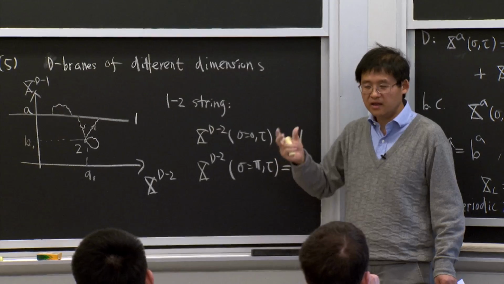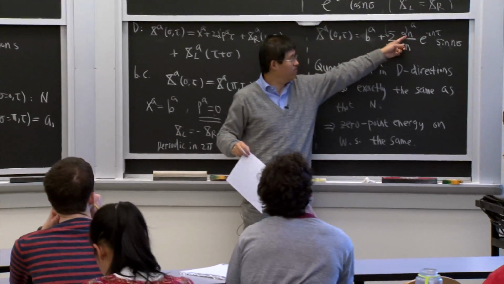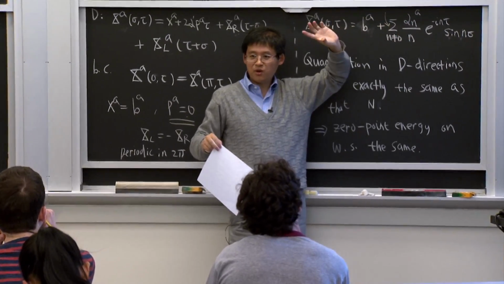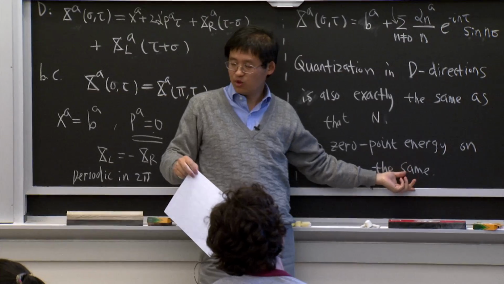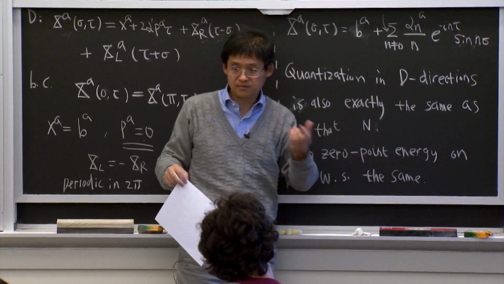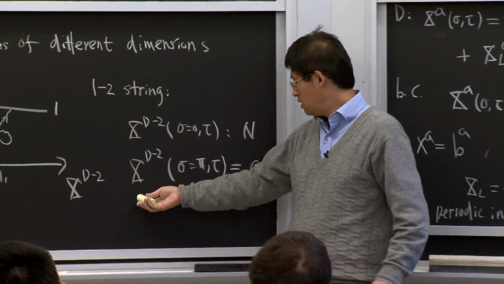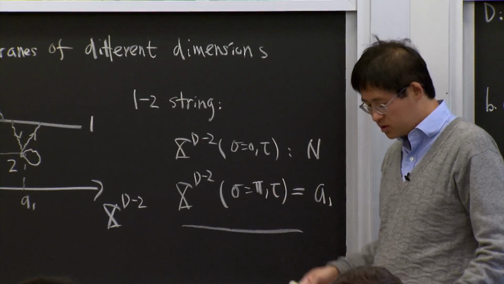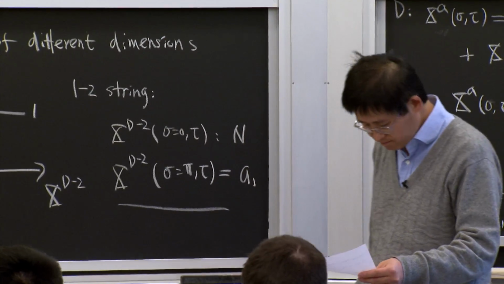You actually get the frequency of each mode becoming half integer rather than integer, and then you will get a different zero-point energy, and the spectrum will change, etc. So I will not do it now. Maybe I will put it in your next P set so that you can do it yourself.